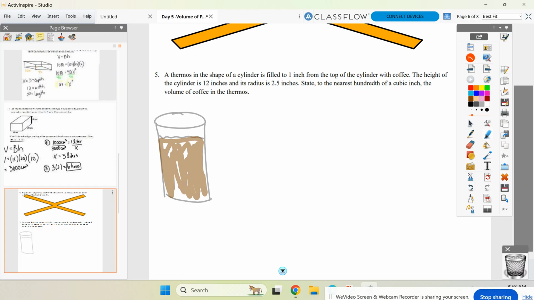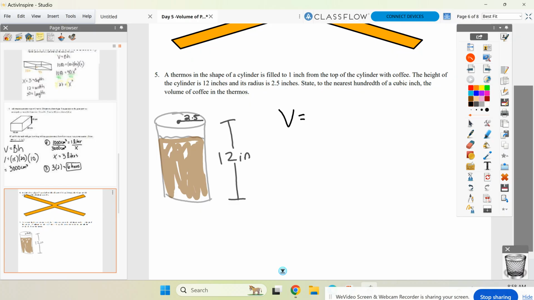There's the coffee. 12 inches total height of your cylinder. And remember, we're filling the coffee 1 inch from the top, and it's got a radius of 2.5. How much coffee is in there? Not the volume of the cylinder, how much coffee is in there.